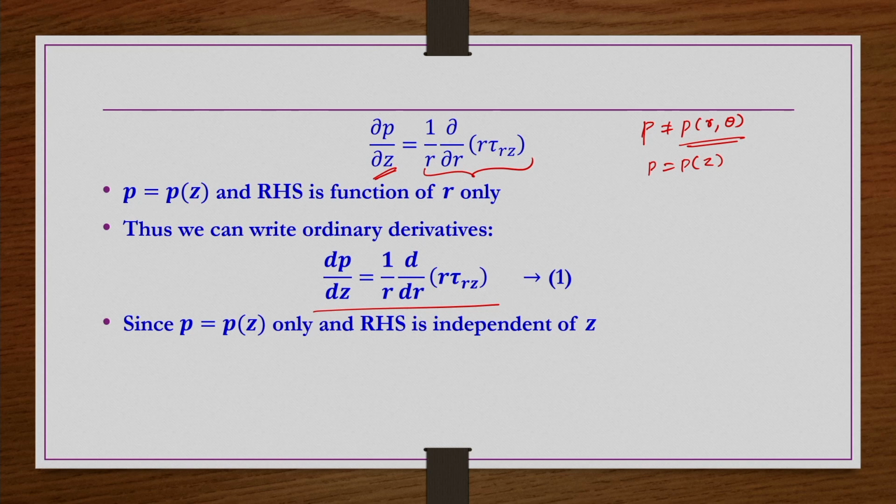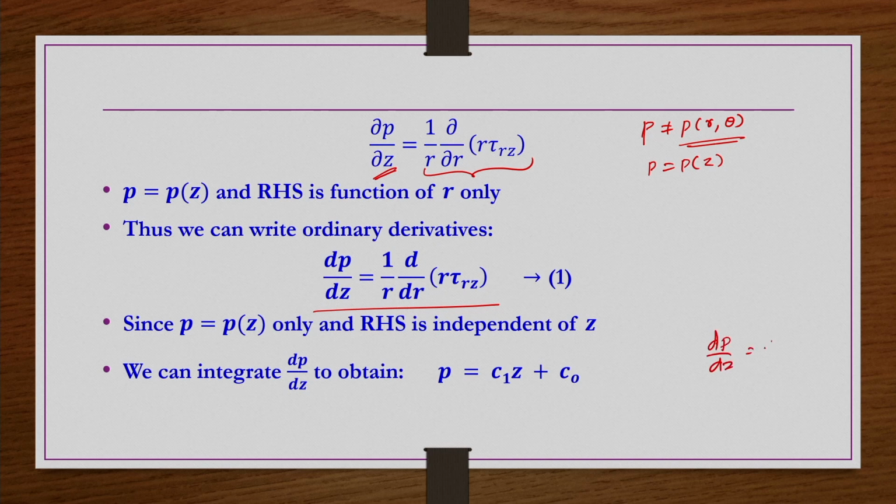So, when you solve, dp by dz is equal to some constant c1. So, then you get p is equal to c1 z plus c naught. So, that is what you have. What is this constant c1? Let us not worry about it. Okay. Right. So, that is what we have.